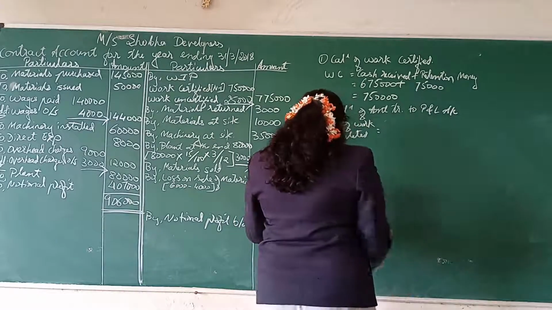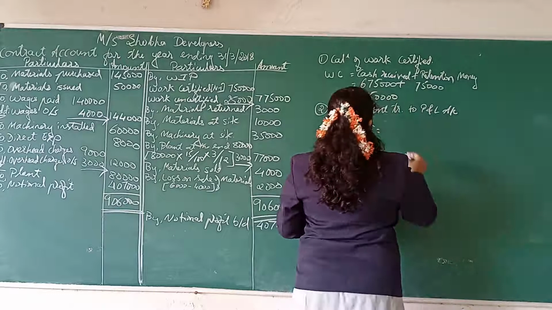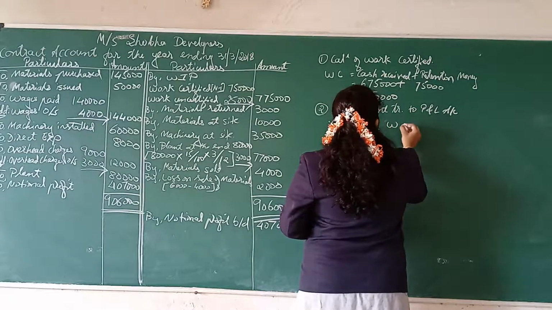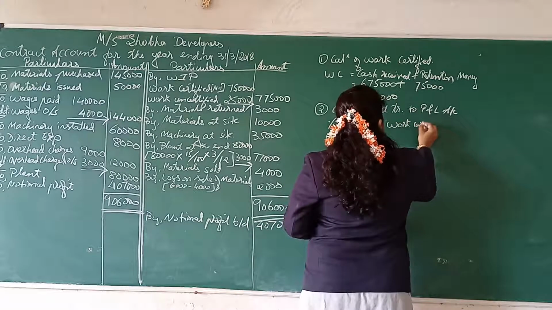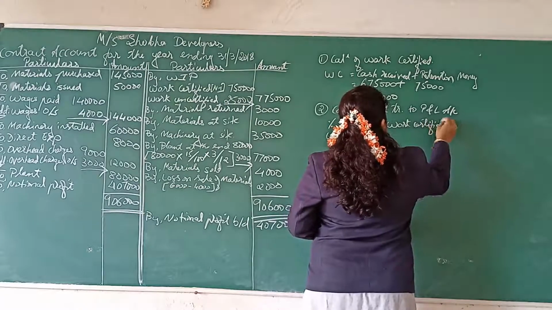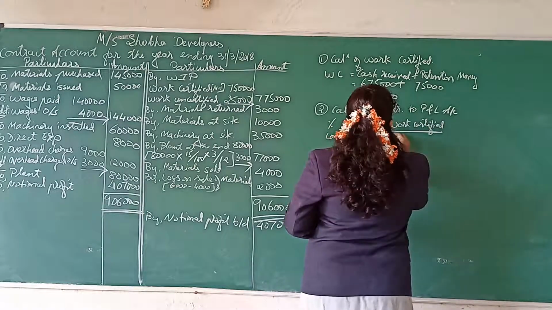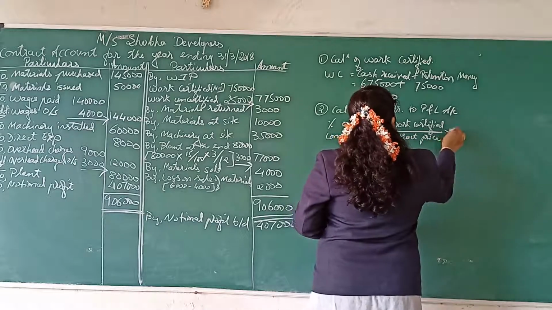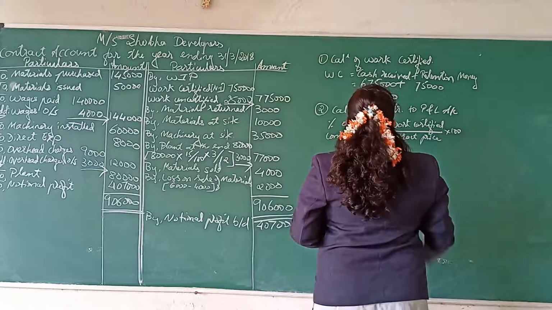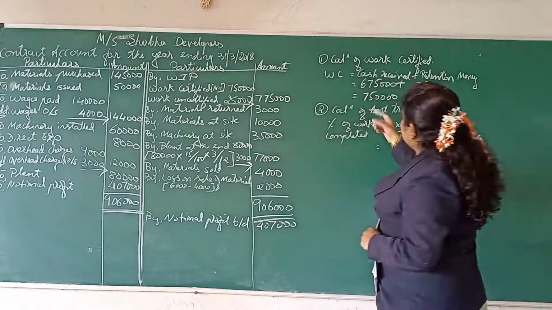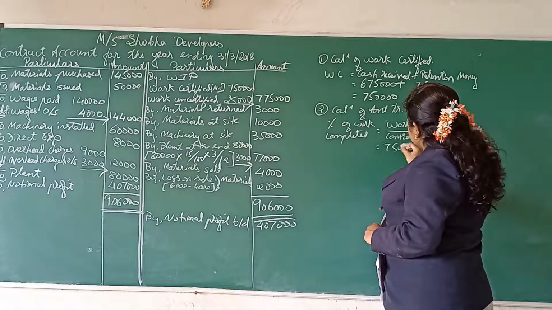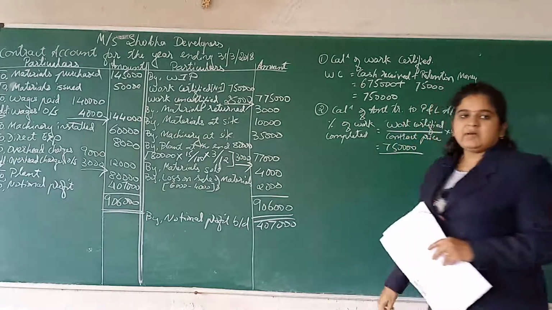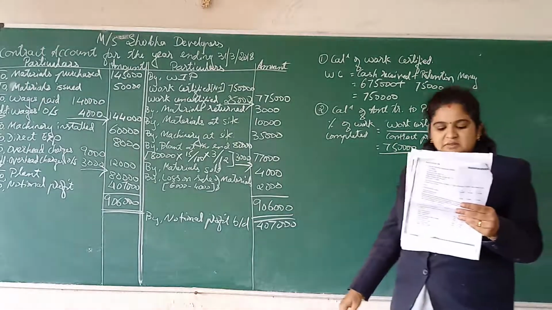So percentage of work completed is equals to work certified divided by contract price into 100. Okay. Now work certified already we have calculated, that is 7,50,000 divided by contract price is given in the problem.